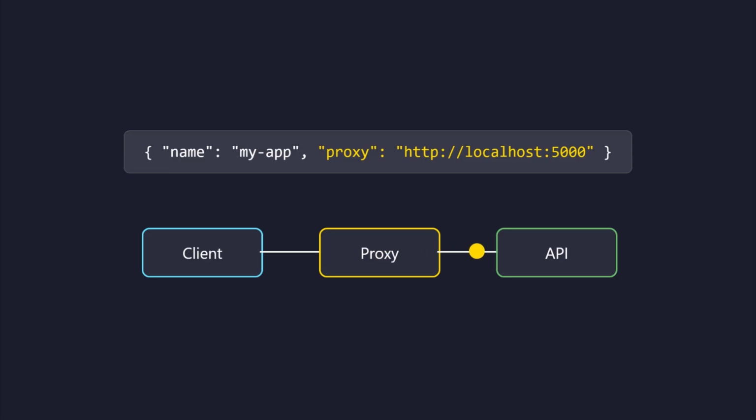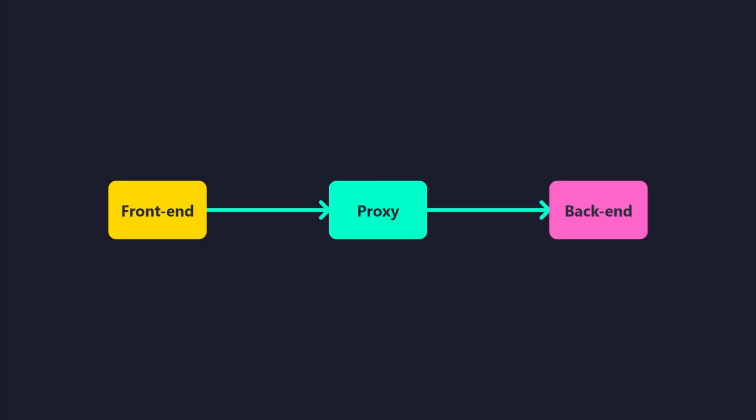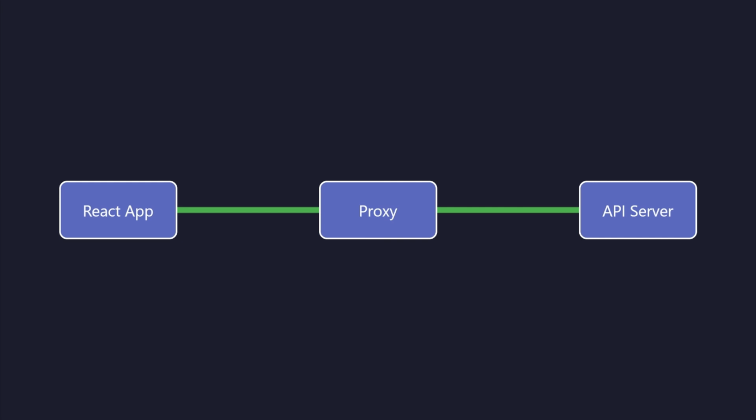This tells the development server to forward any unknown requests to your backend server address while appearing to stay on the same origin. Using a proxy makes the browser think the requests are going to the same origin as the front-end application. This avoids the need for complex cross-origin headers during the initial coding phase and simplifies the development of your internal application programming interface calls.